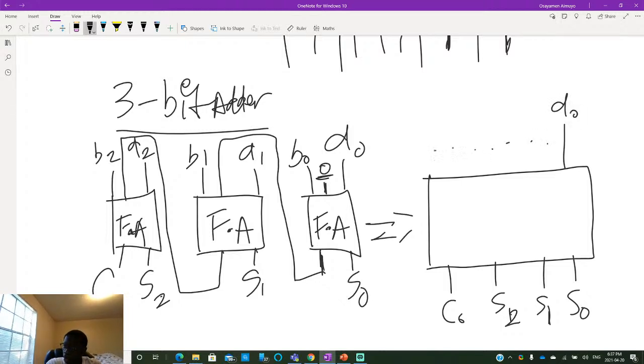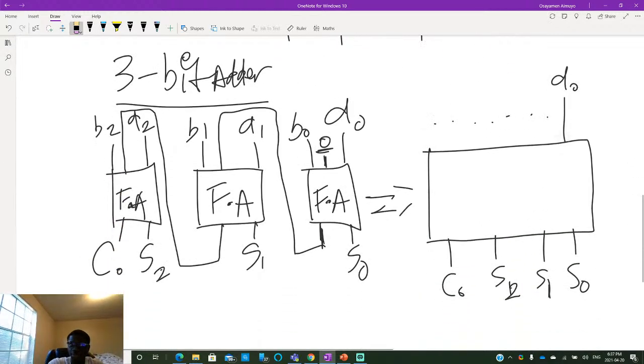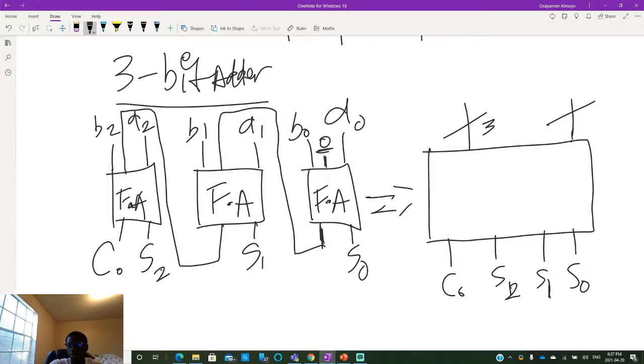Or you could use a notation in which a slash with 3 represents multiple lines, and then you just call this A, call this B. The same applies for the output as well.